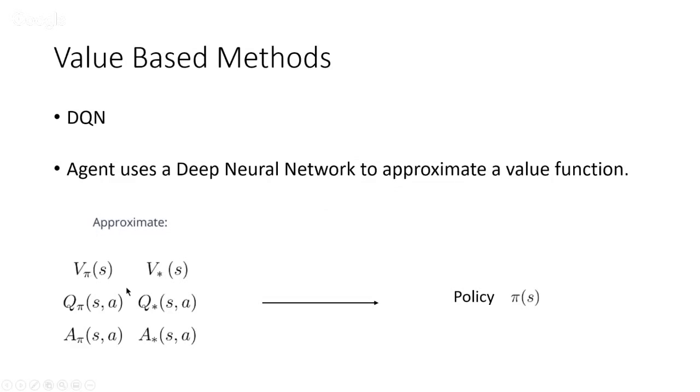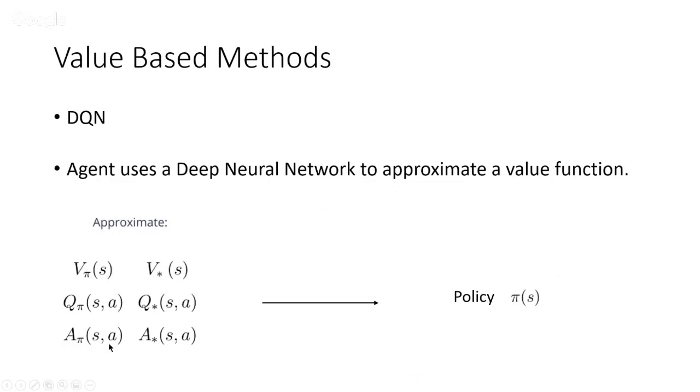Just to remind you, V pi of S is the value function for a deterministic policy, the value given state S. V star is the optimal, final value function. Q pi of S, A is the action value function, for a stochastic policy. And of course, Q star is the optimal action value function.